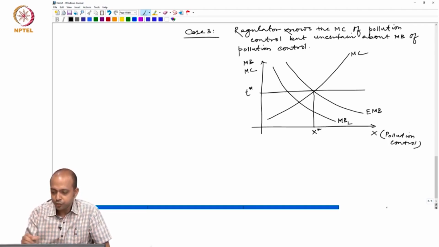Where is the social optima? MB equals MC. So, that means it is here. This is, let us say, X star with L. So, what the society wants is actually lower than what the private player is supplying.